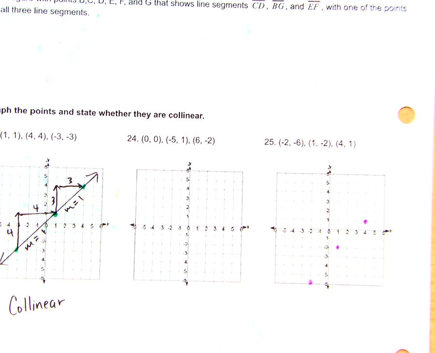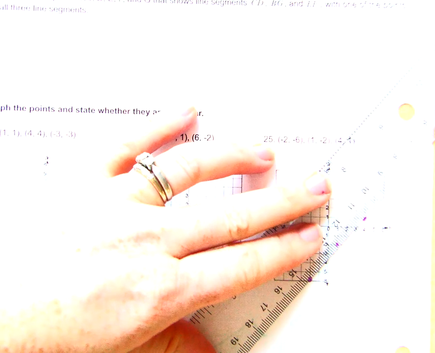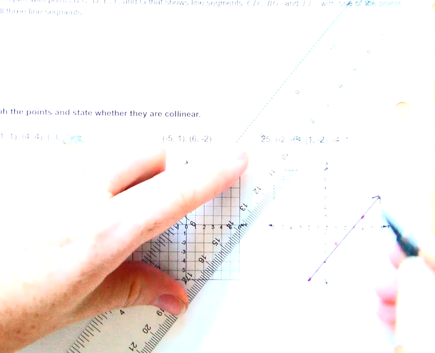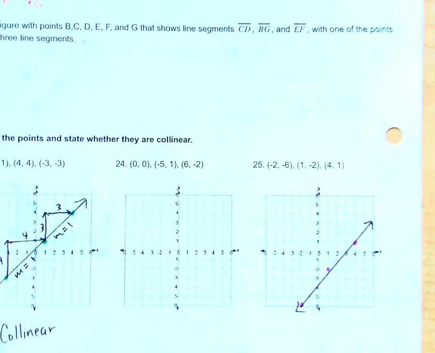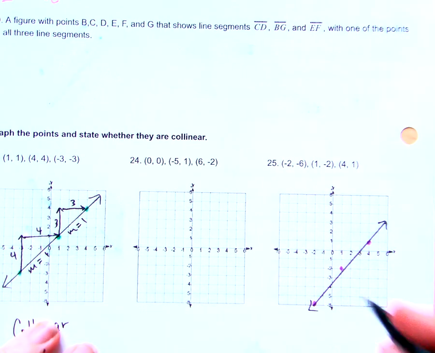Again, they look really close to being collinear. If I sketch a line between them, I could almost convince myself that they are collinear, right? If I use a straight edge, now I have doubts because this guy does not look like he's on the line. He looks like he's close to it, but let's count.